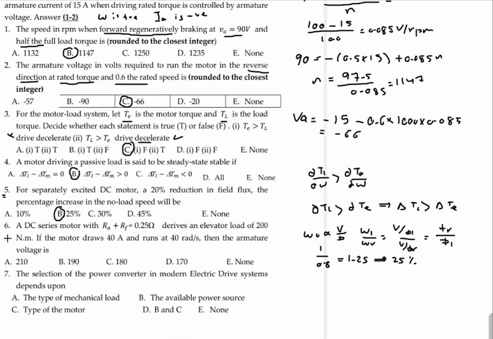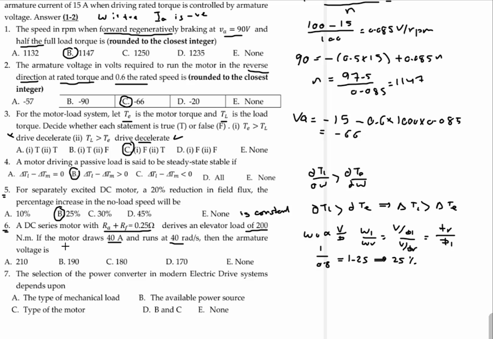Now for question number 6, we have a series motor with a total resistance of 0.25 that drives an elevator load of 200, which means that here the load is constant. If the motor draws 40 ampere and runs at 40 radian per second, we need to find the armature voltage.